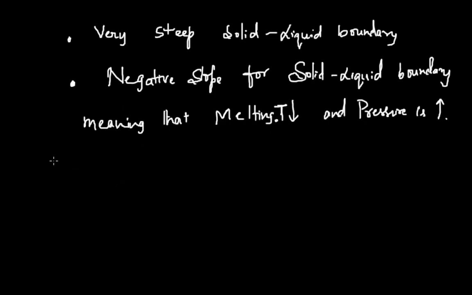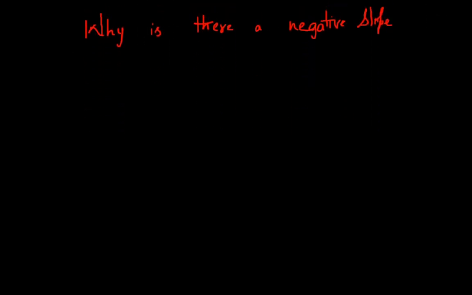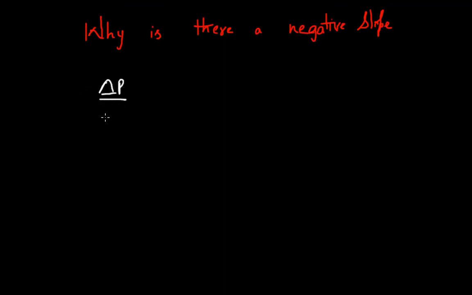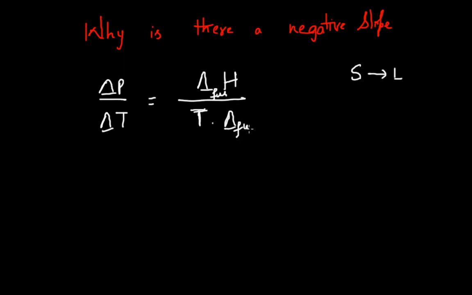Now, why is there a negative slope? Let us understand it mathematically from our Clapeyron equation, which is dP/dT given by delta H fusion divided by fusion temperature times delta fusion volume.